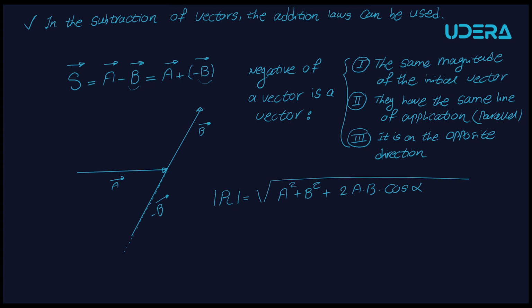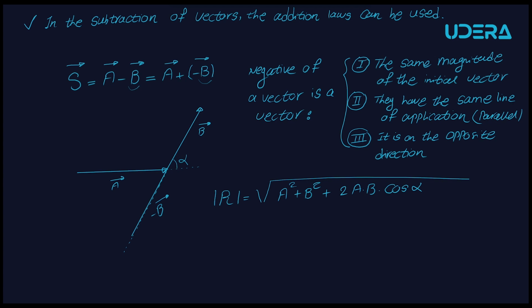Now in the case of two vectors A and B, this is alpha, if you remember, because here I'm going to use the triangle law of addition.